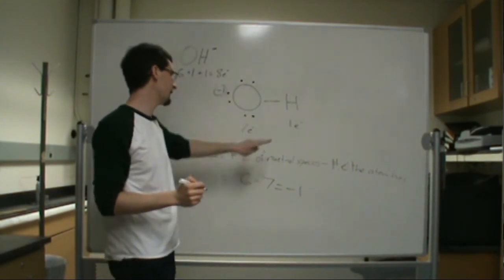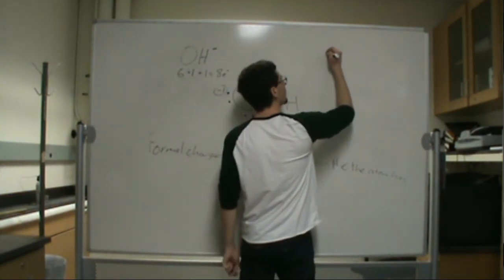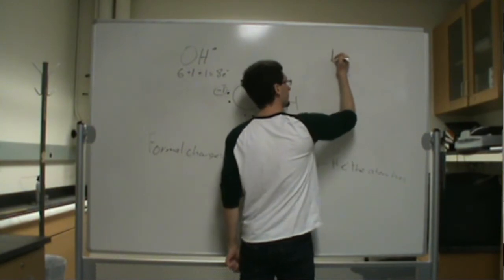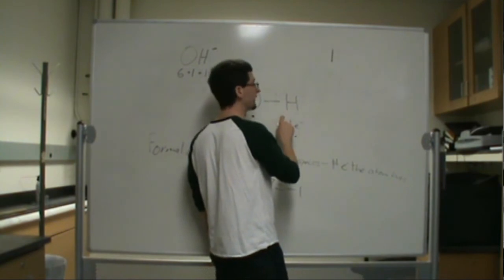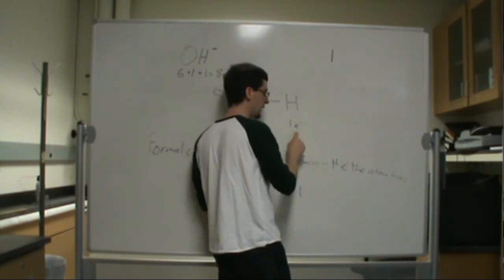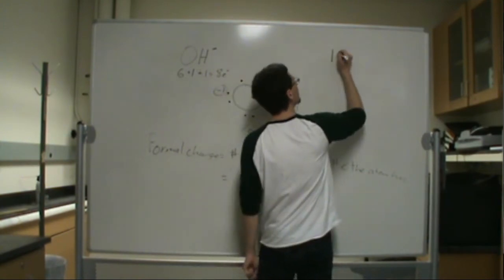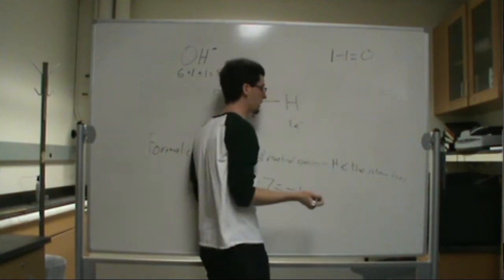If we do the same thing for hydrogen, let's calculate the formal charge for hydrogen. It should be 1 because hydrogen only has 1 valence electron. And now if we count, it only has ownership of 1 electron. So 1 minus 1, we end up with a formal charge of 0.